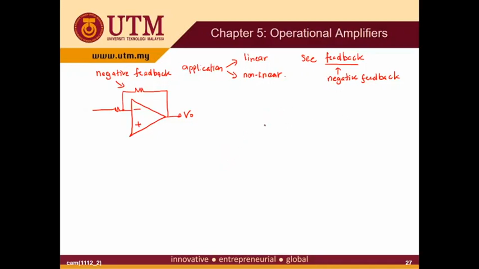In a linear operating region, there are several things that we need to consider when you do the DC analysis. For DC analysis, basically, first you identify the nodes.